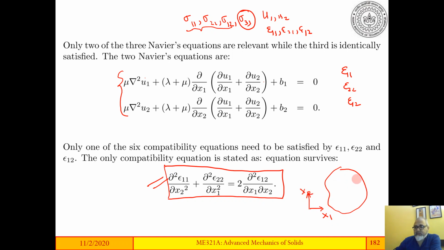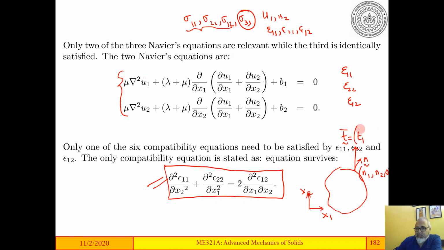Since you are solving it on the x1 x2 plane, the normal at a point n will have only components n1 and n2, and n3 will be equal to 0. By definition, the applied tractions also cannot have components T3. So everything has to be in the x1 x2 plane.